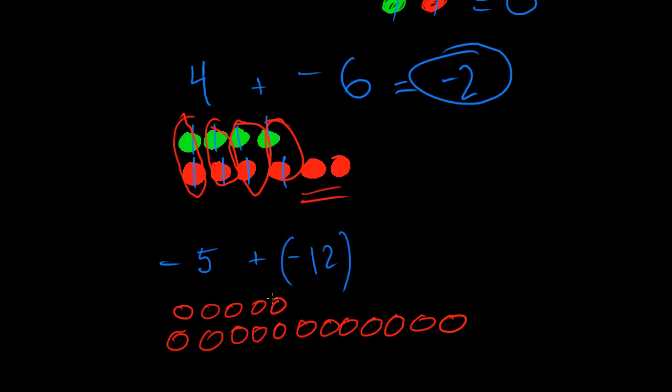But since there's nothing that cancels out, we don't have any pairs that make 0 here, negative 5 and negative 12 just means that we have 17 negatives. And so negative 5 combined with, or added to, negative 12 is just negative 17.